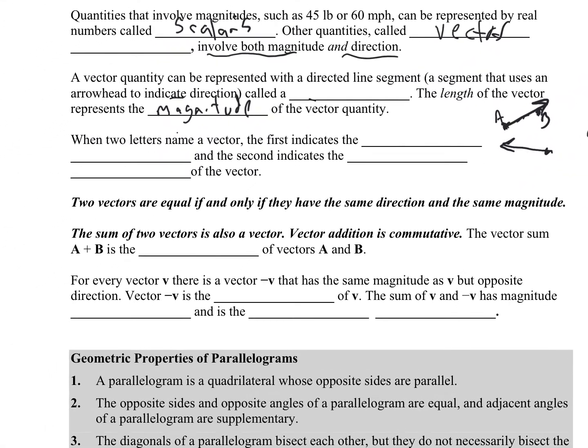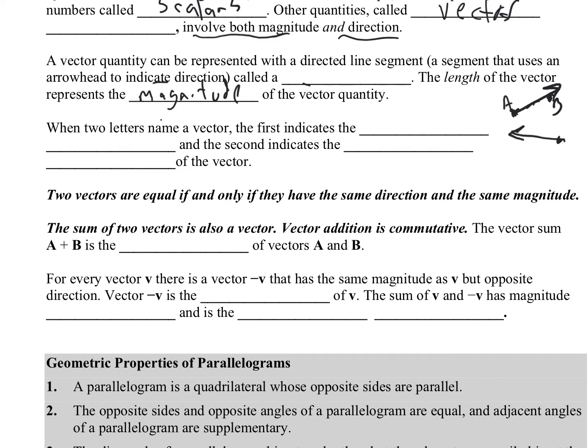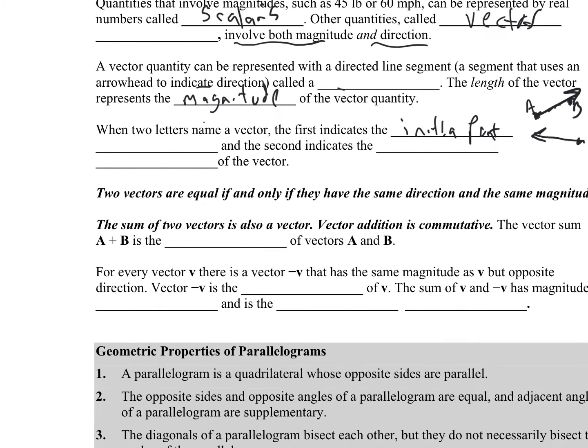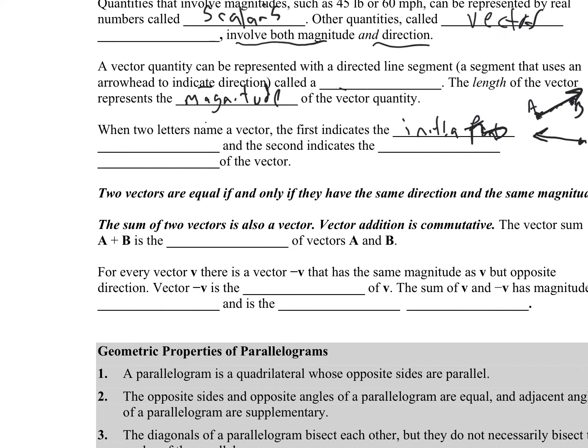And so when two letters name a vector, the first letter indicates an initial point. That's one of the vocabulary words up there. And the second letter represents the terminal point.